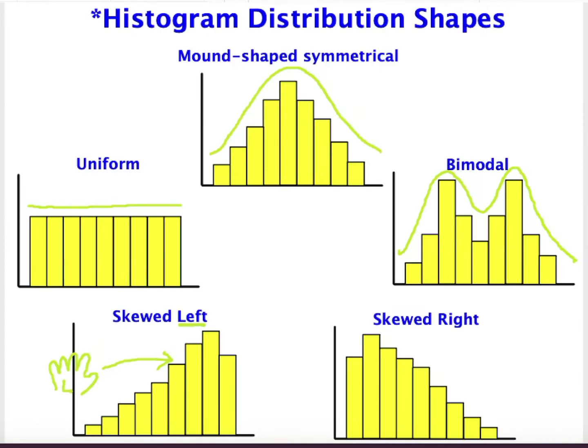It's by taking our left hand and skewing left. And skewed right, imagine taking your right hand and whacking the data over to the side. If you used your right hand to skew the data over, that would be skewed right. Sometimes those feel a little bit opposite, but I think that's always done a good job of helping me remember how those are defined.